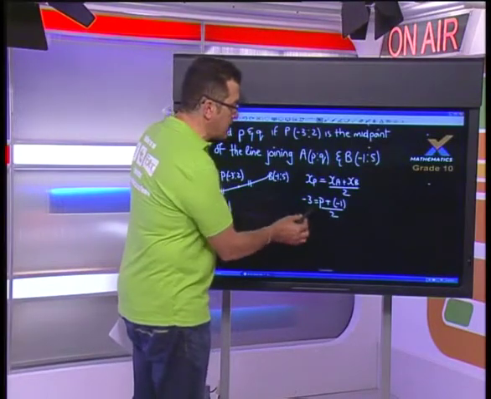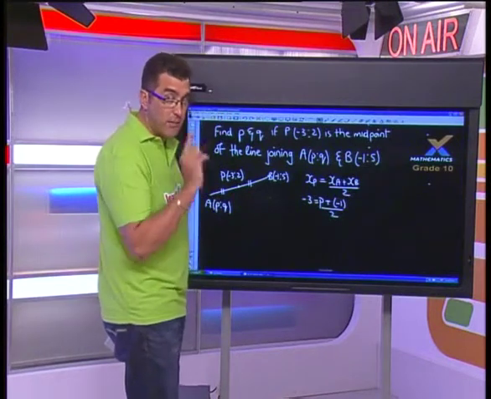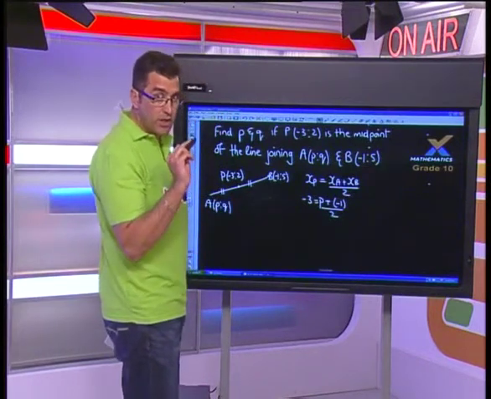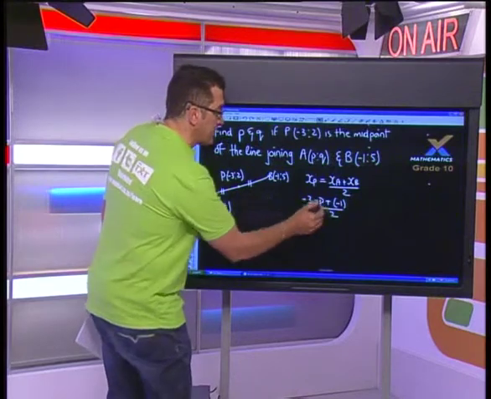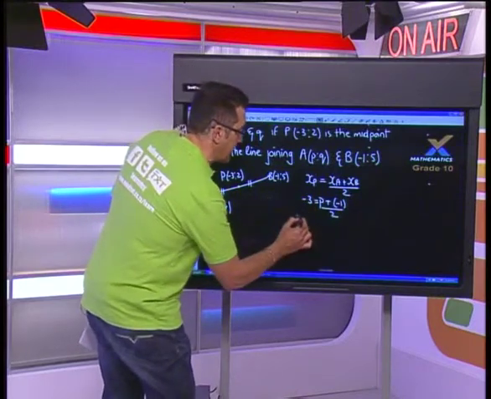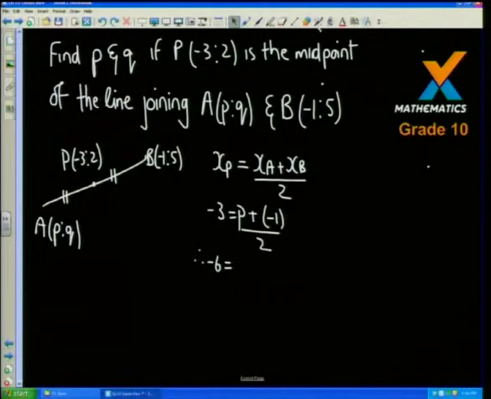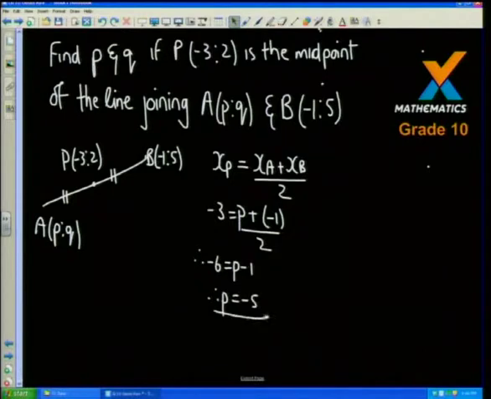Let's take the 2 and multiply it to the other side. Remember, I can do it because I'm working with an equation here. So the 2 comes to this side, I get -6, which is equal to p - 1, and therefore p will be -5. Okay, so I've got the value of p.